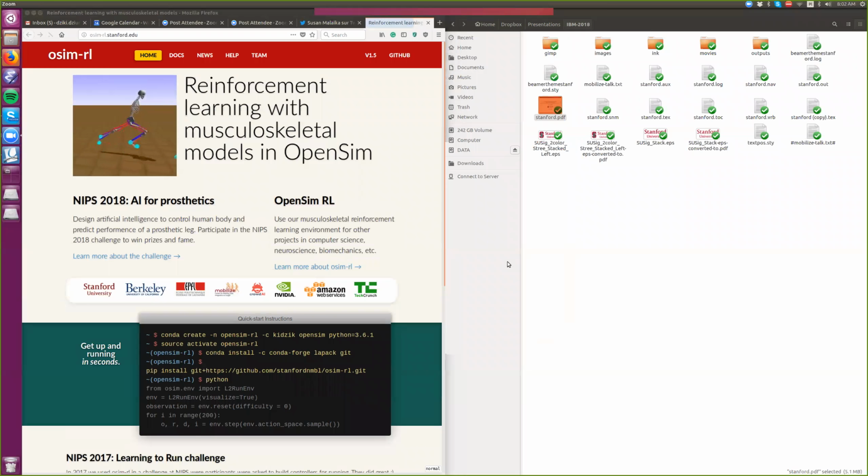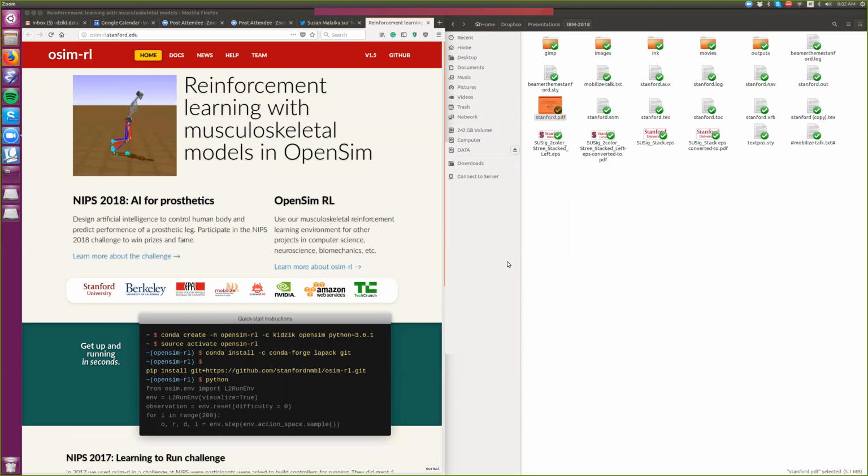Just commenting on taking part: we'll run it as a challenge. There are two things. We run it as a research project in the lab, but we also run a challenge to stimulate the use of reinforcement learning for medical use rather than gaming and so on. The challenge is an official NIPS challenge.